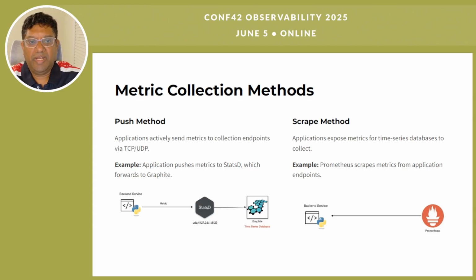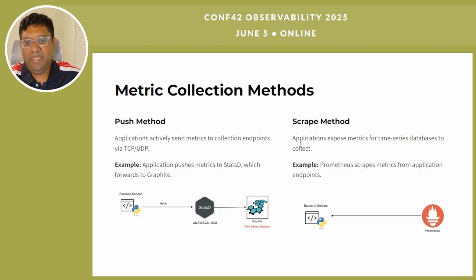So how can we collect these metrics? There are two collection methods actually: push method and scrape method. The push method is where applications actively send the metrics to the collection endpoints via TCP or UDP protocols. In this picture, you see the backend service is sending the metric to StatsD. StatsD in turn sends that particular metric to Graphite, which is a time series database.